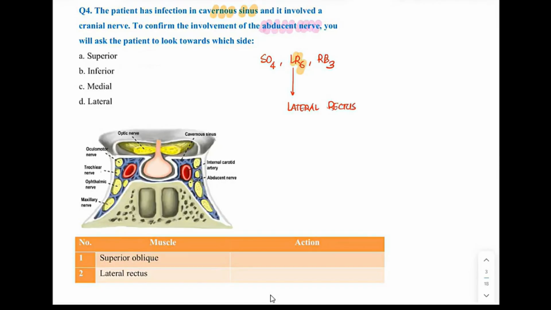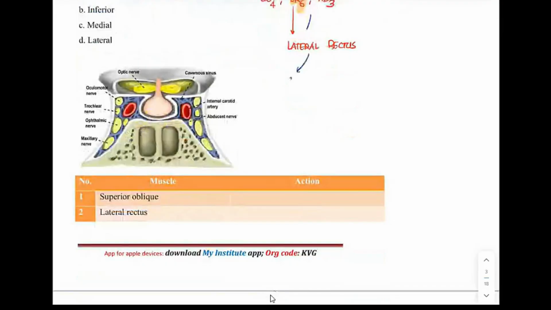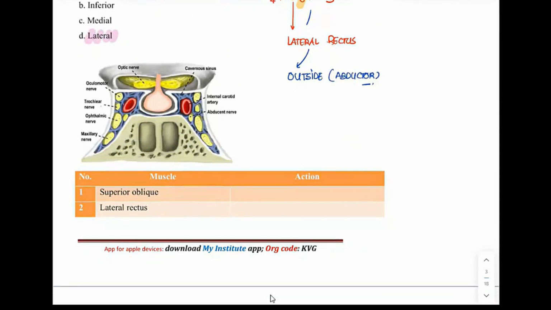and the lateral rectus muscle takes the eyeball outside, that is, it is an abductor. So what we will do is check for the lateral movement of the eyeball. This is the cavernous sinus on either side.